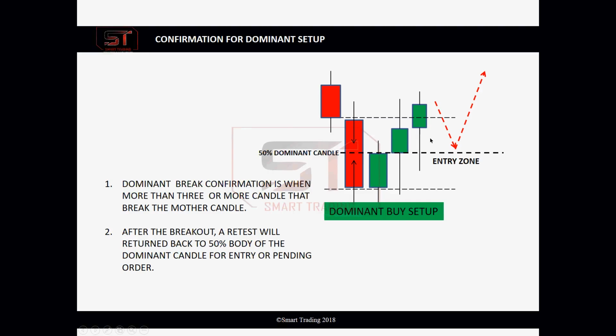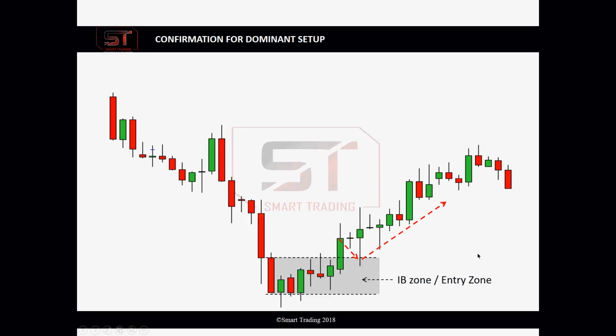So you wait until there is a confirmation, a breakout, then you wait until the market goes down, and that is the point of entry for buy. Just a quick example over here, downtrend. You have the biggest candle over here, and you have 1, 2, 3, 4, 5, 6, 7.